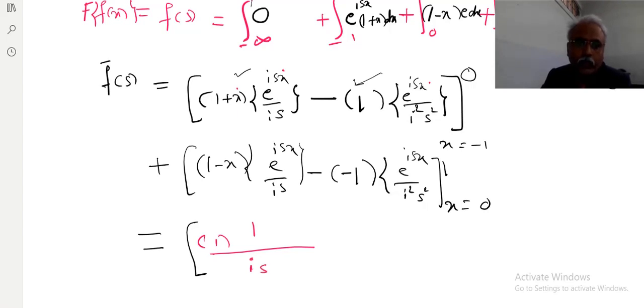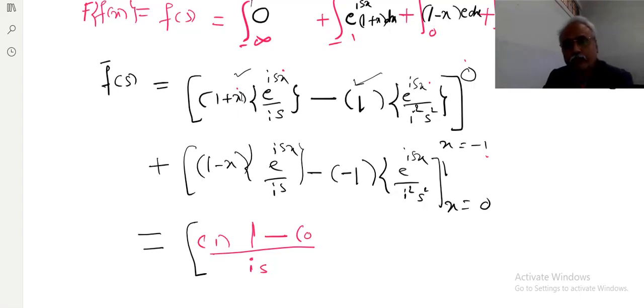Upper limit is over, so immediately what should you do? Minus of the lower limit, which is minus 1. Wherever x is there, put minus 1. 1 minus 1 becomes 0. So the lower limit contributes 0, and this part is over.